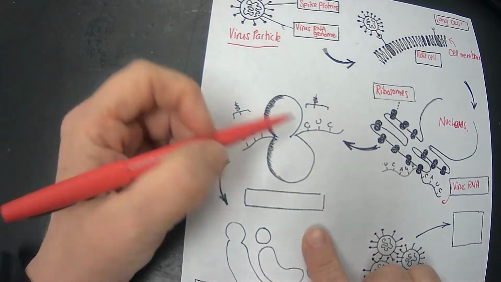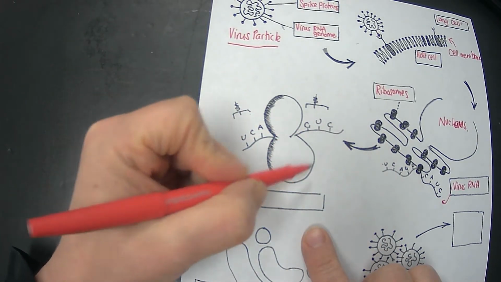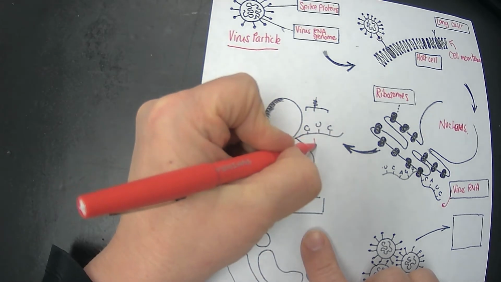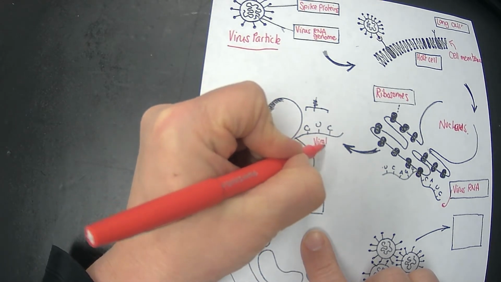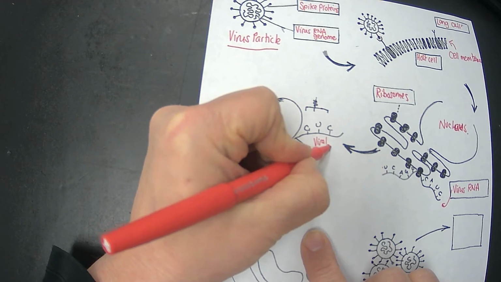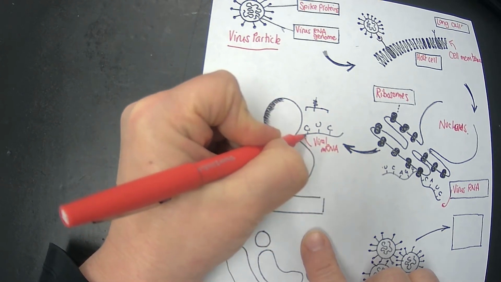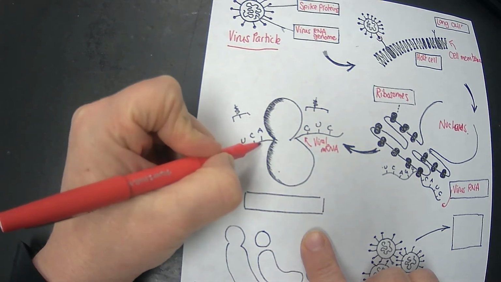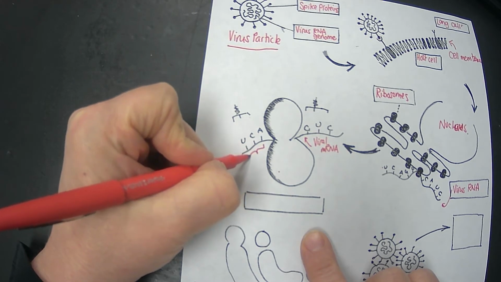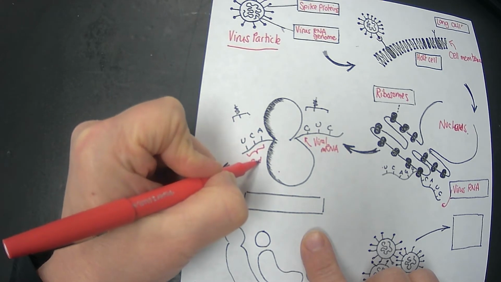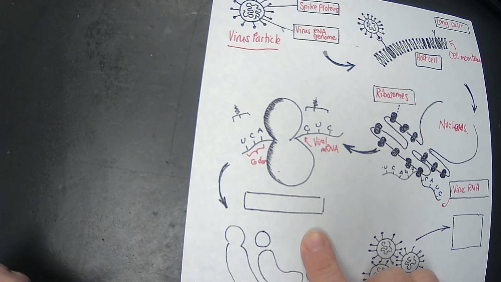Real simple. Here is the ribosome, right? Here is the viral RNA, and I'm going to call it messenger RNA now because it's doing exactly what messenger RNA does, which means that 3 bases here is called a codon. Okay?